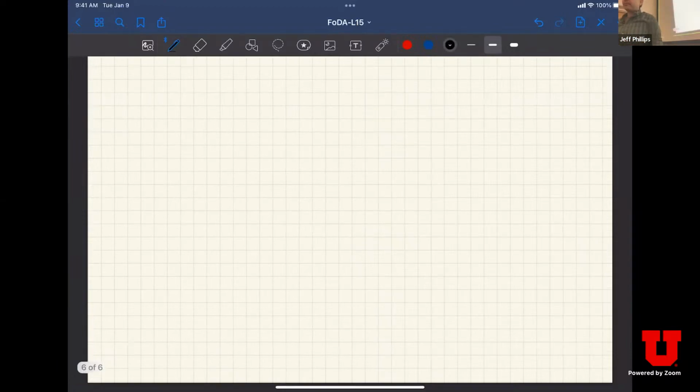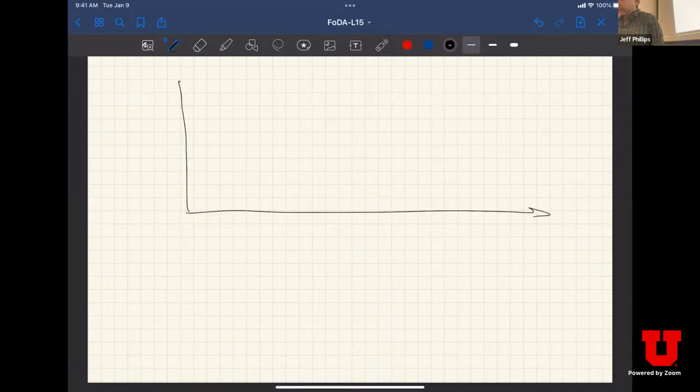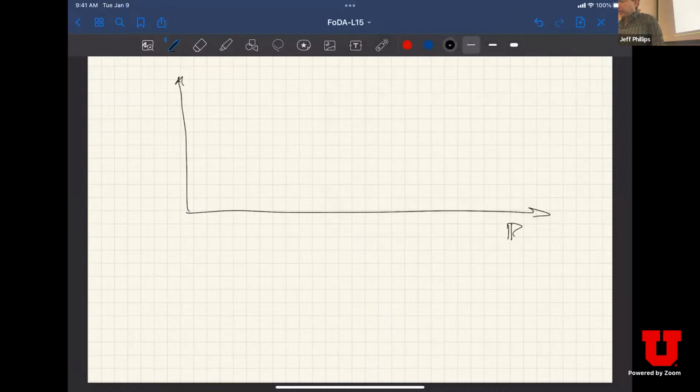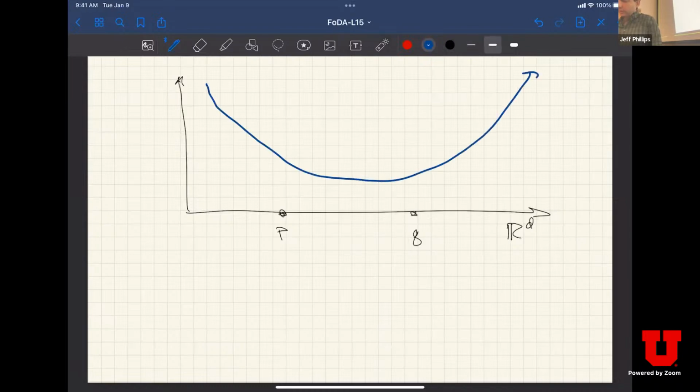Okay. So now I want to apply the same idea to a function instead. So this will be R^d. I'm going to have points P and Q in the domain R^d, and now a function F, with function values F of alpha.